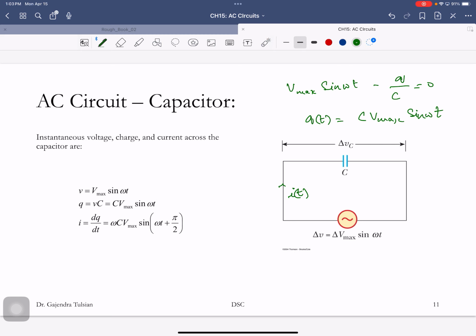All right, let's compare this to the general expression that we have. It's Vmax divided by Z sine(omega t minus phi).